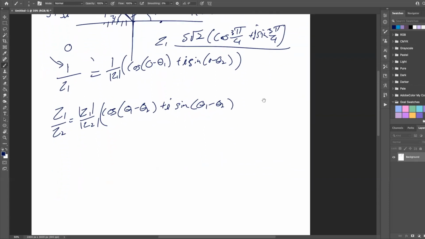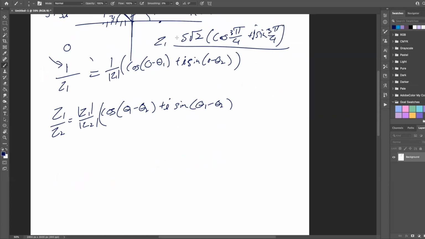For our case, if we let this be z1, I'll have 1 over z1 equal to 1 over 5 square root 2, times cosine of negative 3 pi over 4 plus i sine of negative 3 pi over 4.